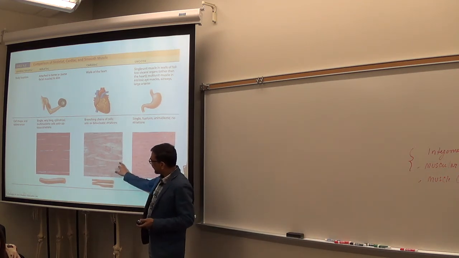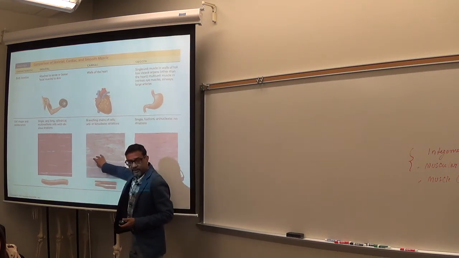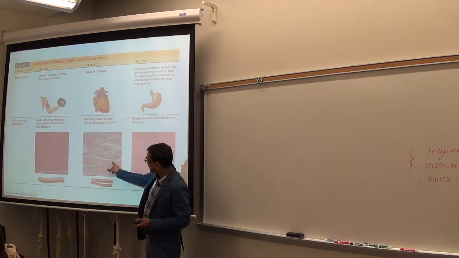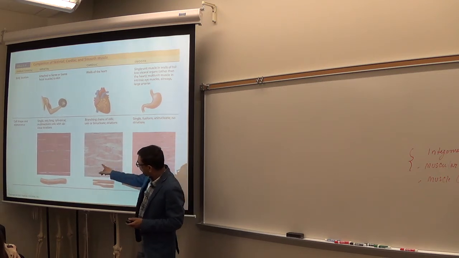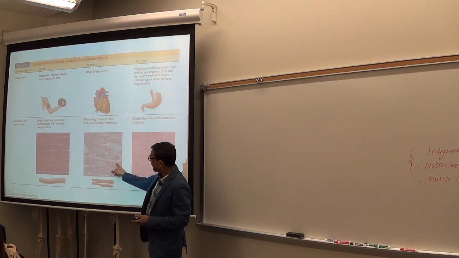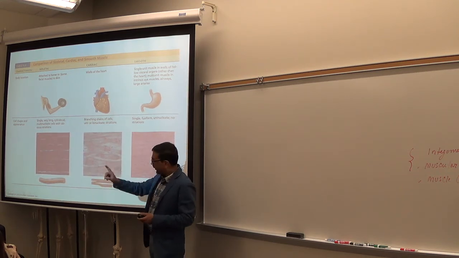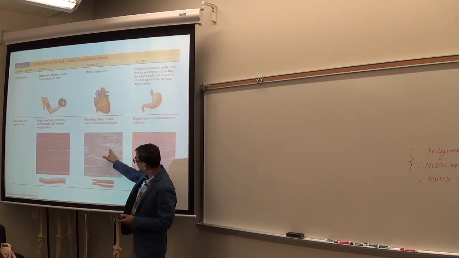If you see the cardiac muscle tissue, fibers are cylindrical too, striations are present, but in cardiac, the striations are not as prominent as in skeletal. In skeletal, more clear. Here, less clear, but striations are present. Another important thing here, which is not present in skeletal, intercalated discs.